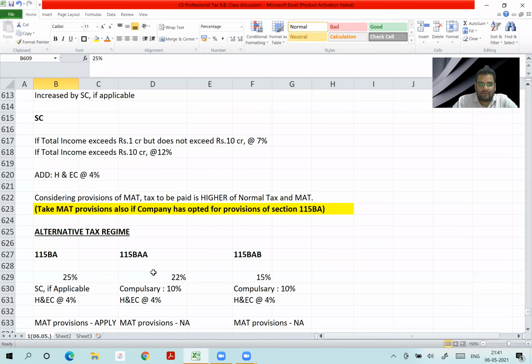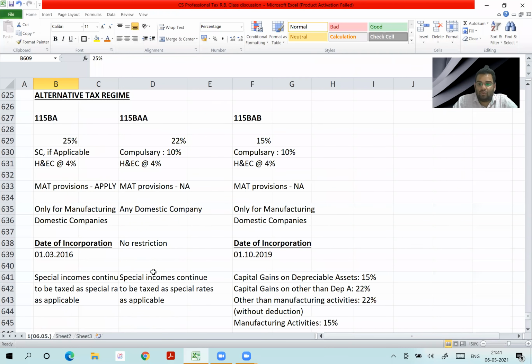Okay. Then you know what to add and what to minus when you are calculating book profits. Alternative tax regime, these three provisions, I have given a short comparison here. 115BA, BAA, BAB.